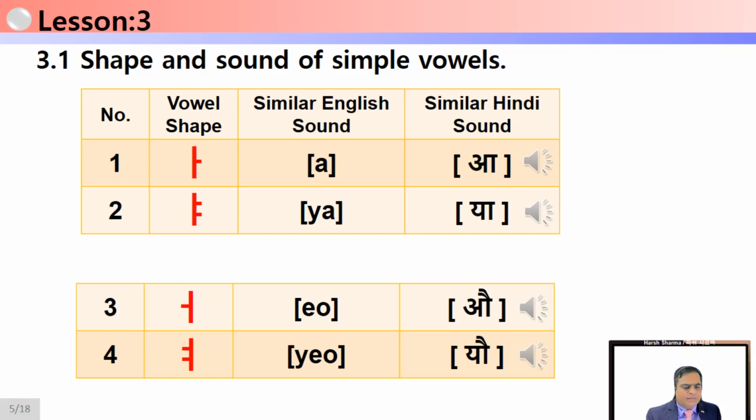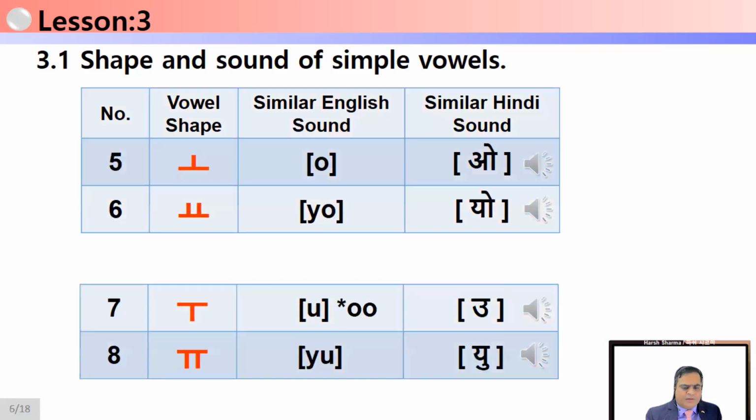Now we are moving to the next pair, number 5 and number 6. The shape of number 5 is very simple: one horizontal line, and in the center towards up there is a small vertical line. The sound is oh. Number 6, add one more small line on the same side, and it will change to yo.